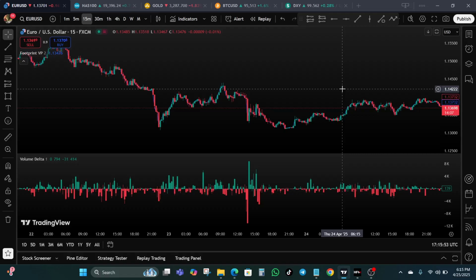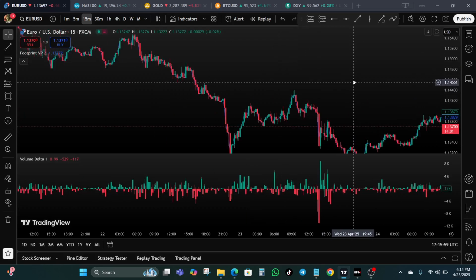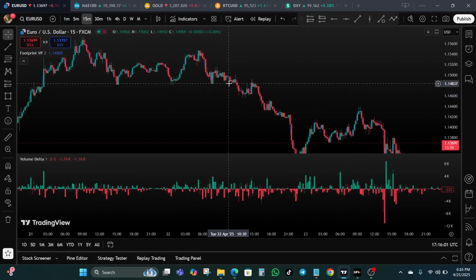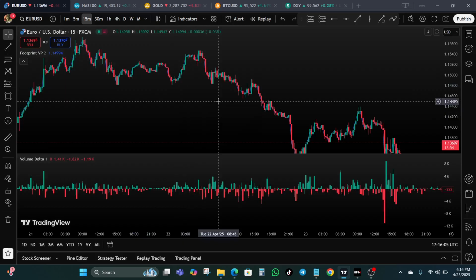You'll be able to see limit orders stack, aggressive buyers stepping in, and delta surges all in one place. Meanwhile, on your TradingView platform, you can also take advantage of indicators like footprint and volume delta, indicators that are related to order flow.